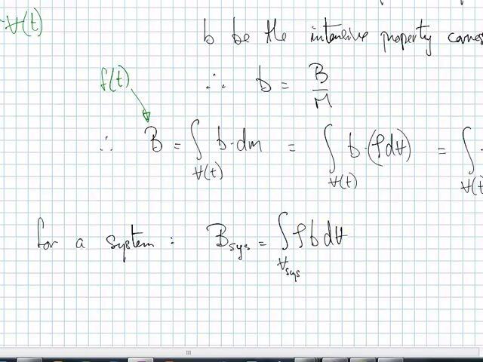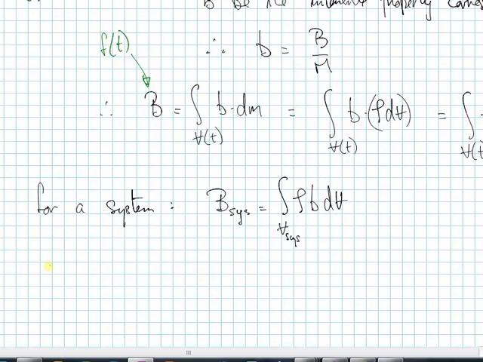So therefore the rate of change of B with respect to time must necessarily be the derivative of that integral.